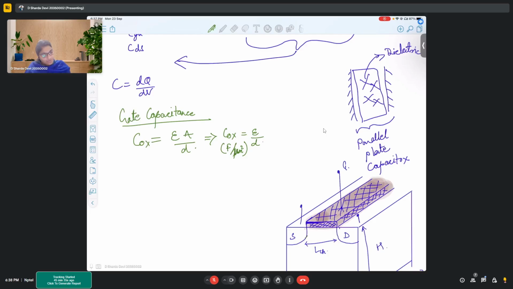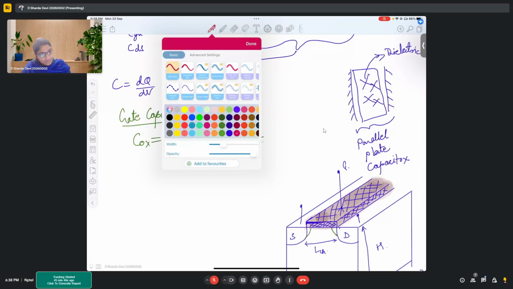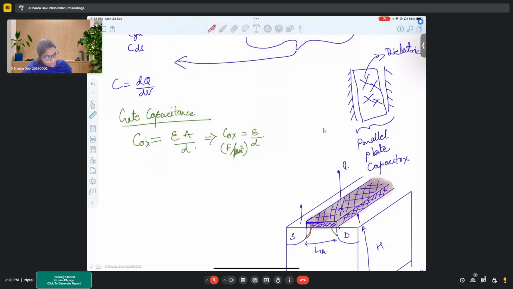So some of your source and drain actually diffuses into the under-gate region. In this particular region, your source and drain diffuse a little bit during fabrication, and you get these extra regions over here. These will give you overdrive capacitance. We call it COV, or overdrive capacitance, or we'll say overlap capacitance.